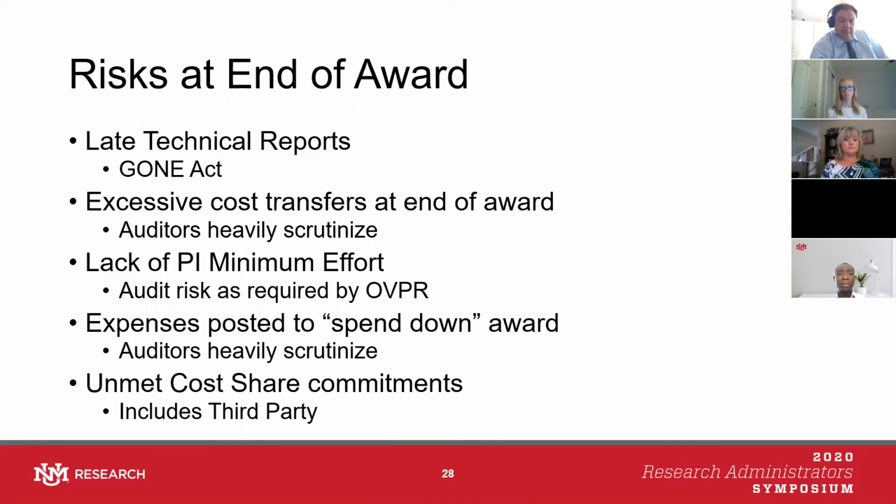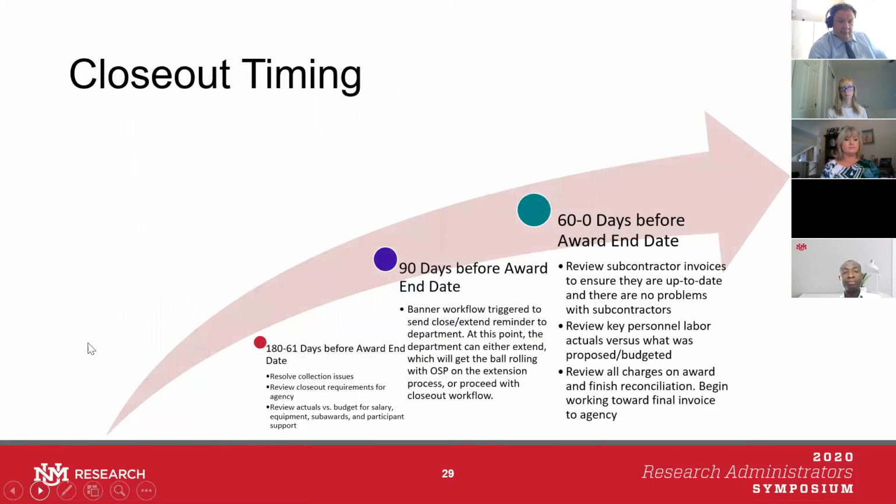We want to make sure that throughout the life of the award, we are spending it down and not waiting until the last minute when we try to do significant cost transfers, which might be scrutinized for audit purposes. And of course, if there are any cost share commitments, we want to make sure that before the award ends, we've met those commitments as well.